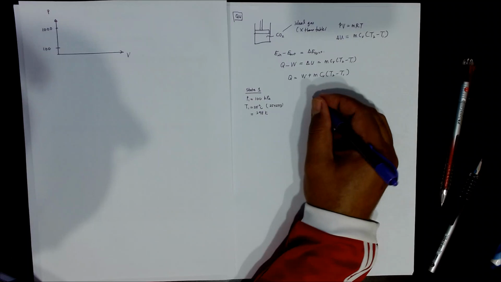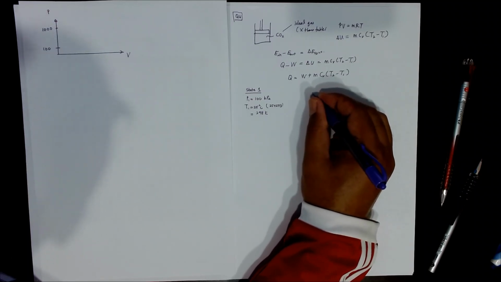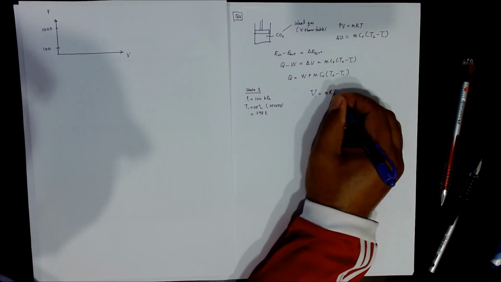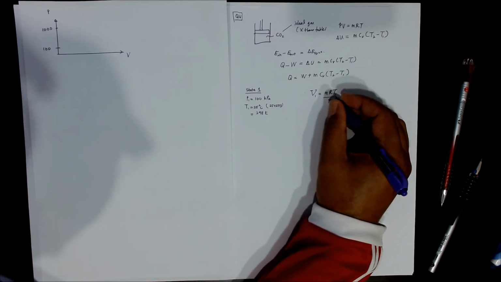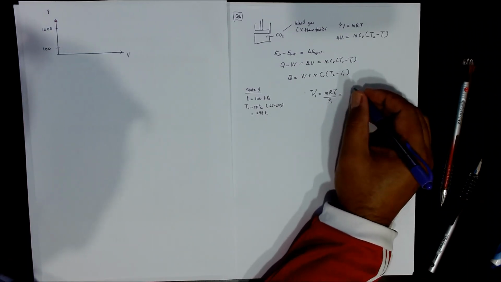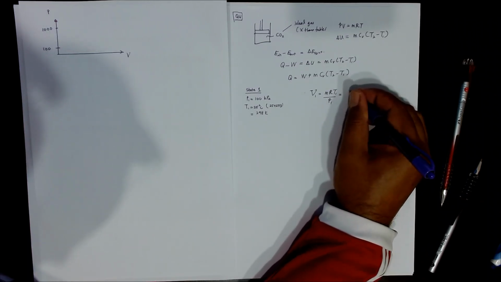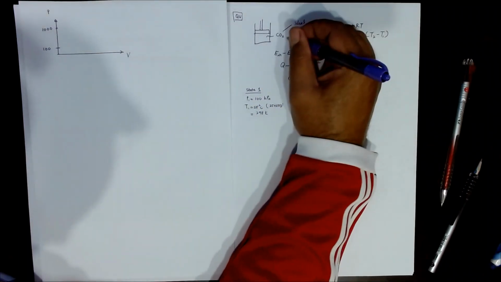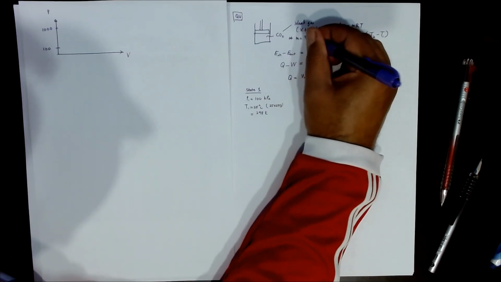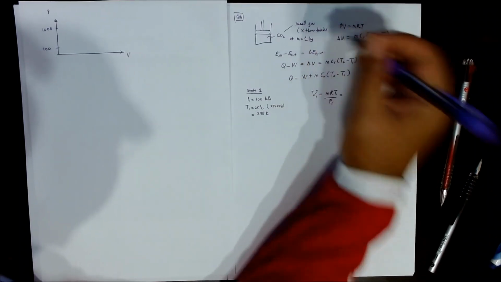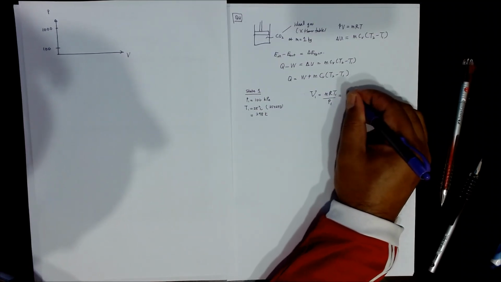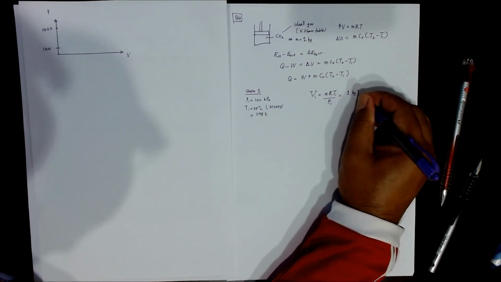So V1 equals mRT1 over P1. R is given by the question, and m is given by the question. The ideal gas is CO2 with m equals 1 kilogram, which comes from the first sentence of the problem.